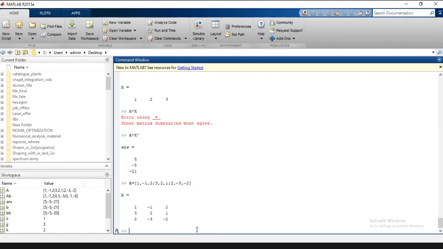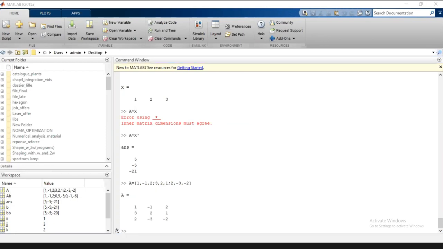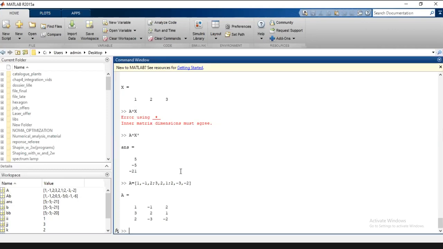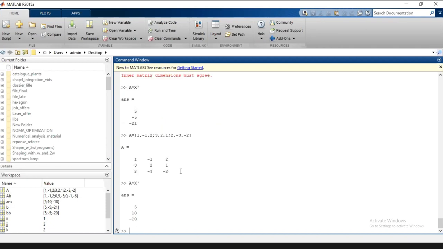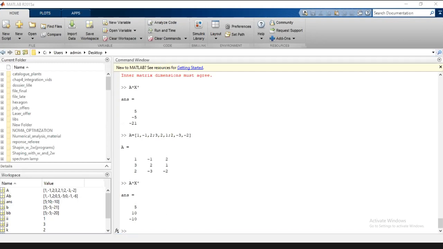So this is my matrix A, and this is the B here. If you make A multiplied by X, where X is 1, 2, 3 here, we get 5, 10, minus 10, which was the B that I defined before. So you get the correct solution for your problem.